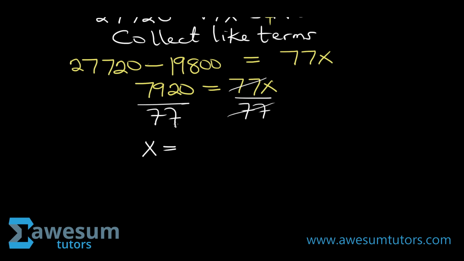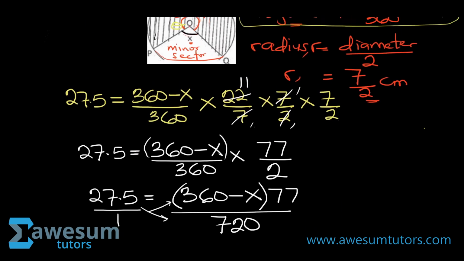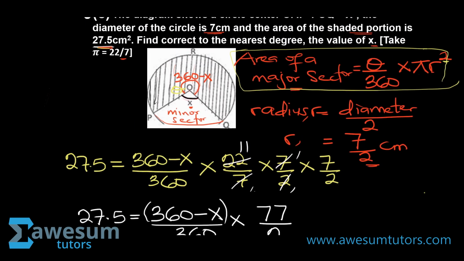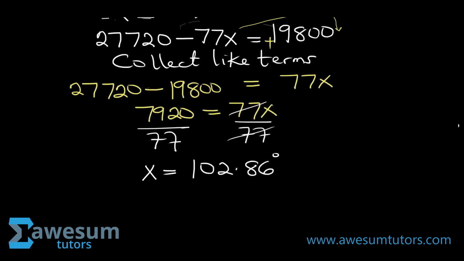7,920 divided by 77. Use your calculator. You are going to have 102.86. And you remember that x is in degrees. So you're going to have degrees right there. And if you go back to the question, it said find correct to the nearest degree the value of x. That means you should leave your value of x to the nearest degree.